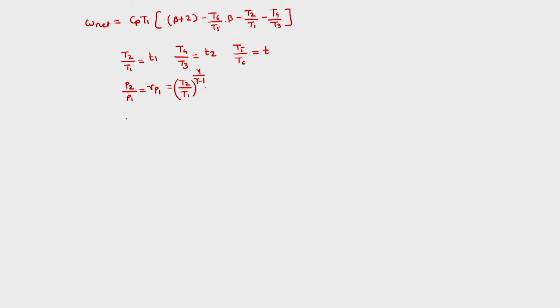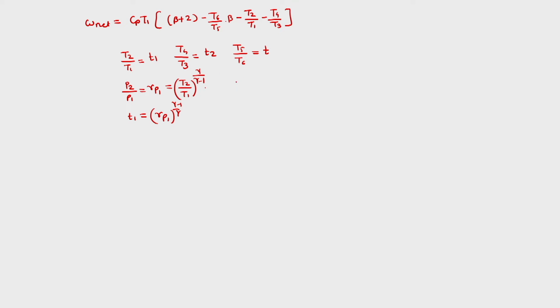So it means that T1 is equal to our P1 bracket raised to gamma minus 1 upon gamma.